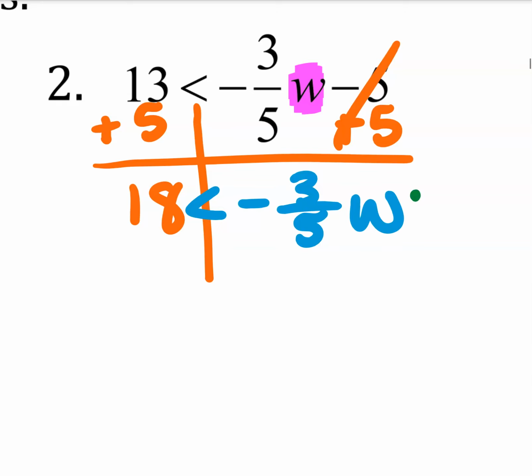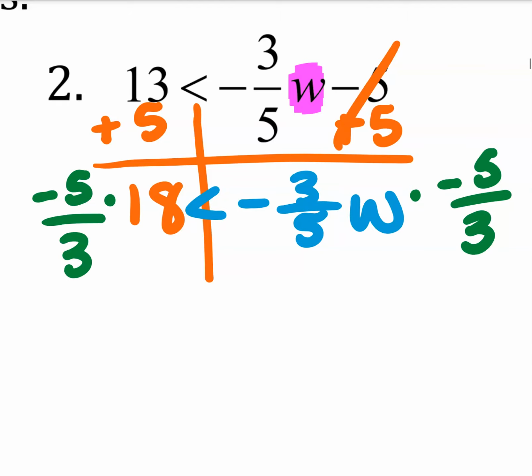So I'm going to flip that 3/5 and make it -5/3, because I do want to get rid of that negative sign too, times -5/3. If you want to, you can also change that 18 to 18/1, so you can see how it cross-reduces a little bit.